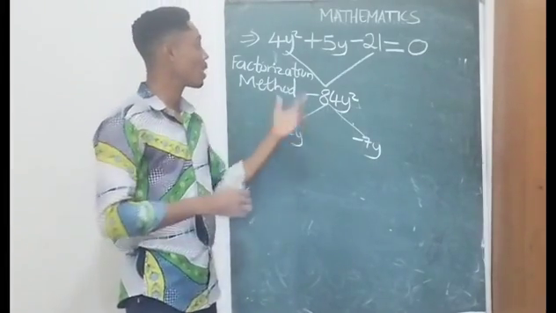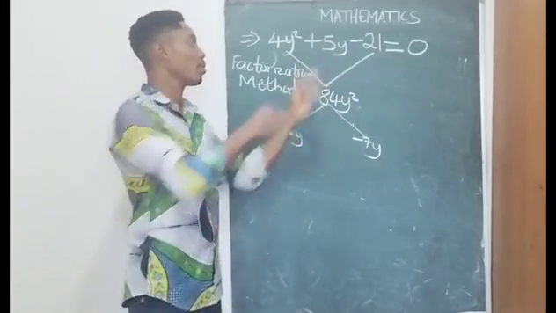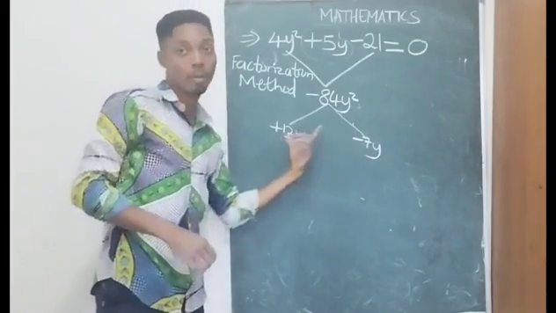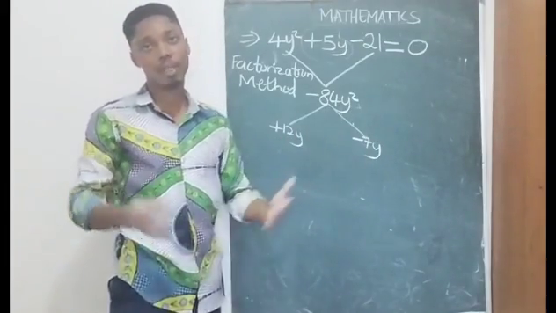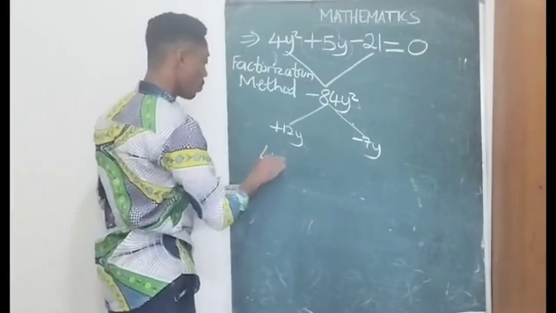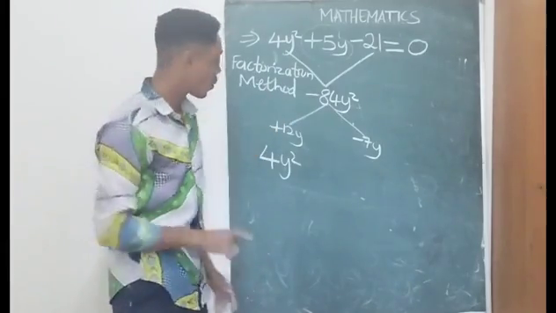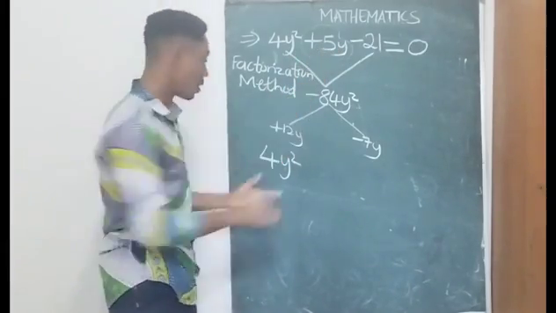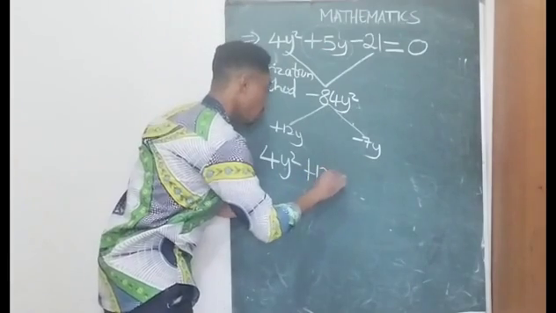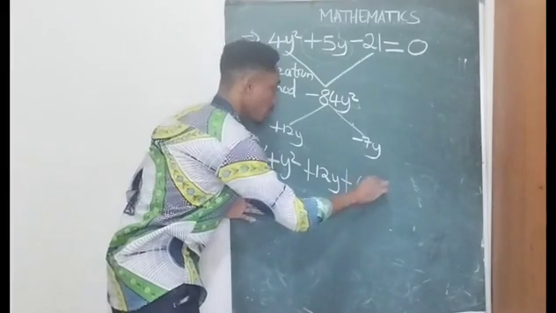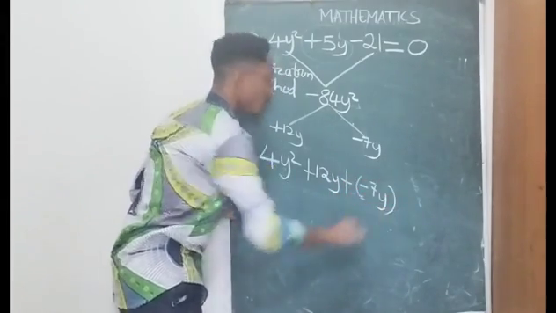So the next thing, replace the middle term with the sum of these factors. So replacing, that becomes 4y squared. I'm not putting 5y anymore. What I'm replacing 5y with is plus 12y plus minus 7y.